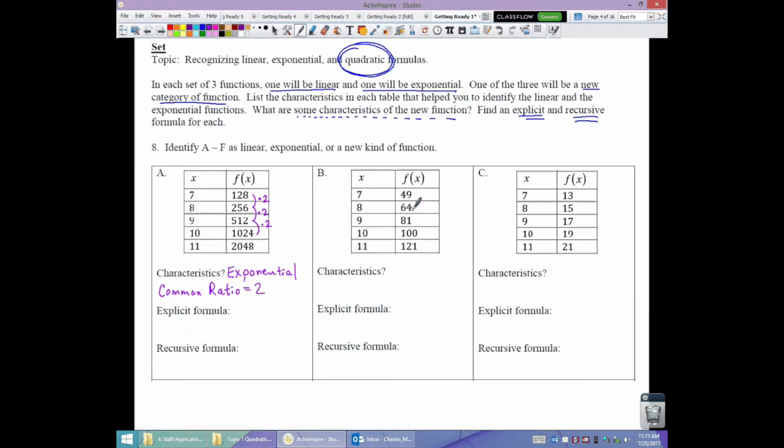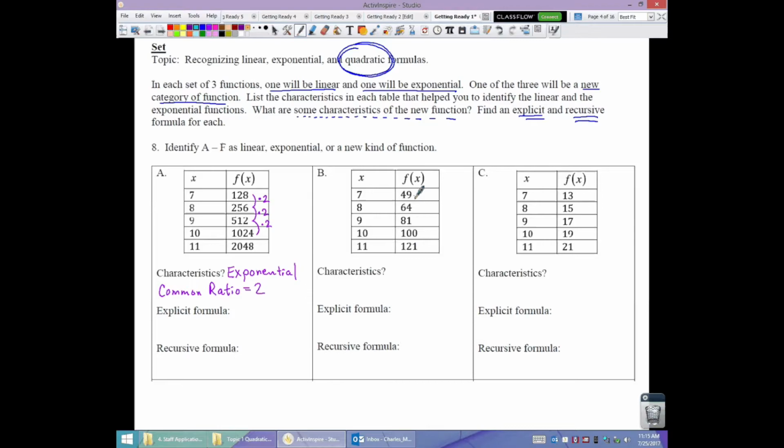This one, from 49 to 64 to 81. Now, I don't notice anything. I can't multiply some nice, neat little number and turn 49 into 64 and then 64 into 81 and so on. So I really have to do a check if we're going to look for exponential. But since we know only one of the 3 can be exponential, that's out. This could be linear or this new type called quadratic.